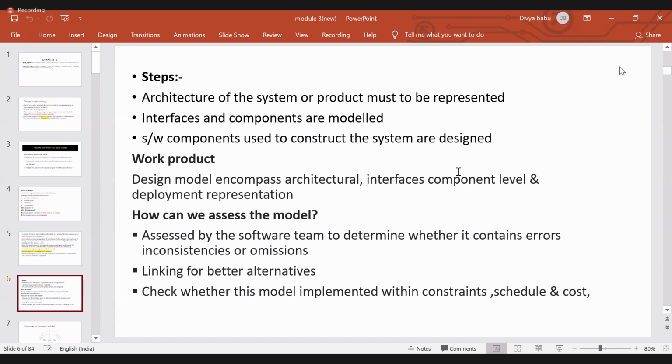So all these things are not needed for all projects. If it's a complex one, you need to draw all these diagrams.